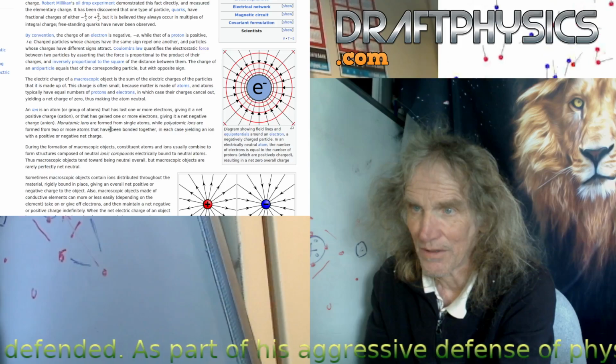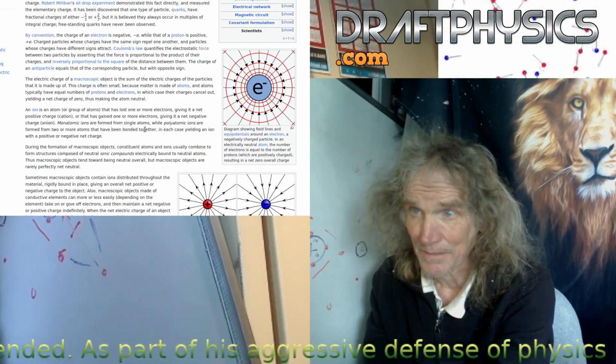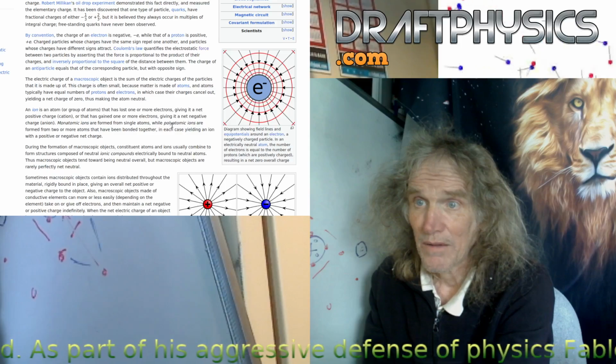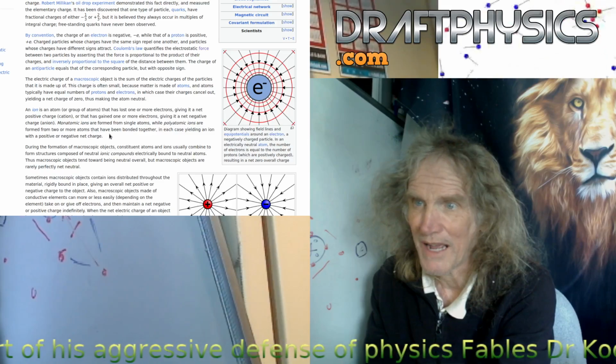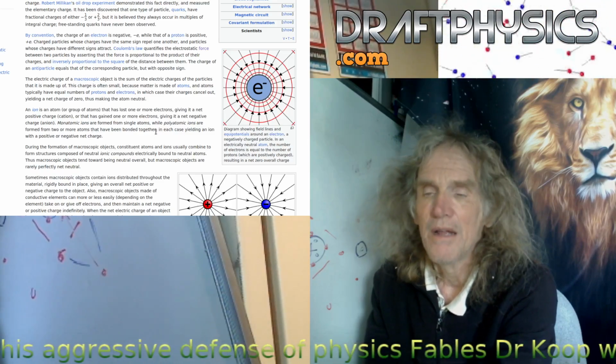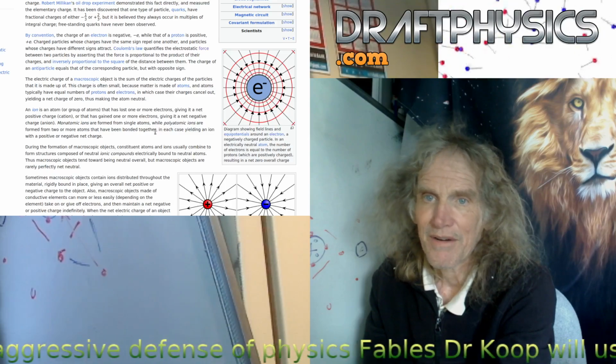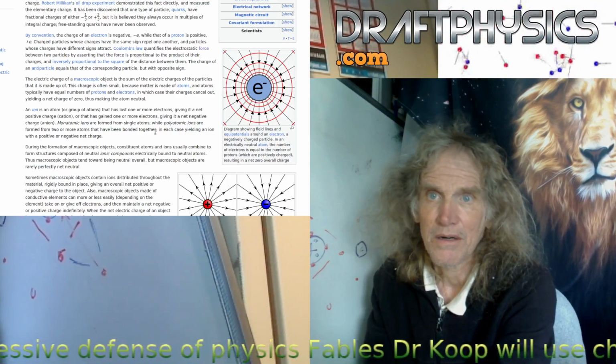Monoatomic ions are formed from single atoms, while polyatomic ions are formed from two or more atoms that have been bonded together. So they're bound, but their exteriors are deficient.